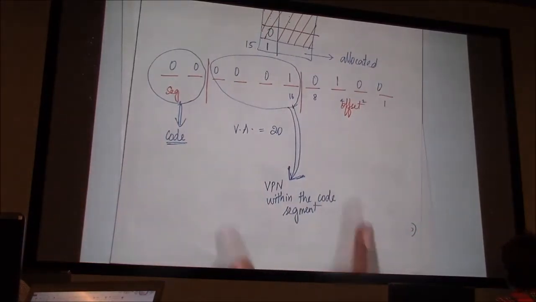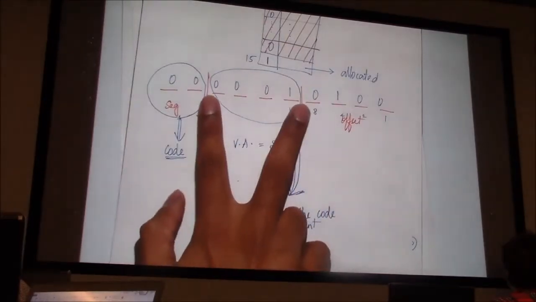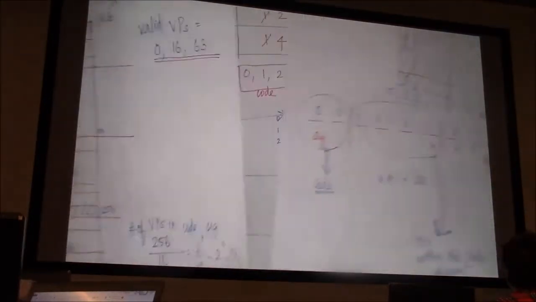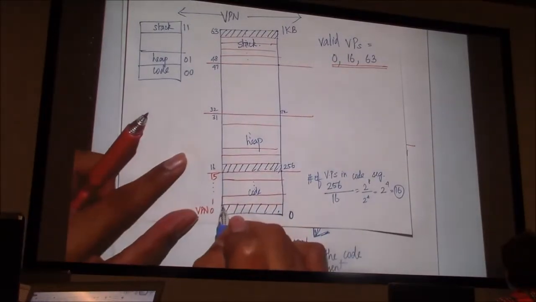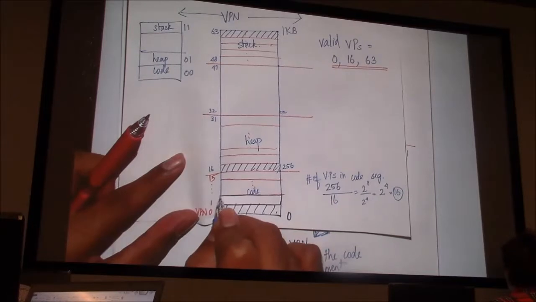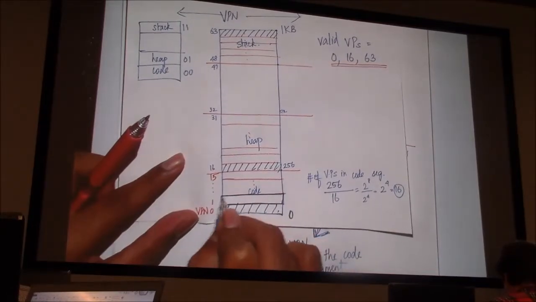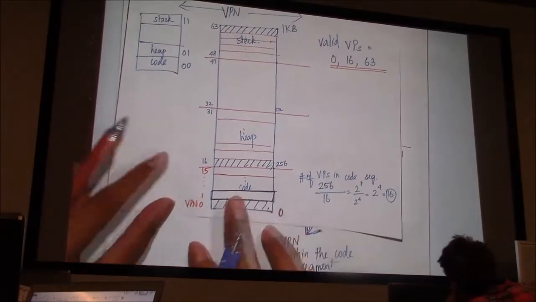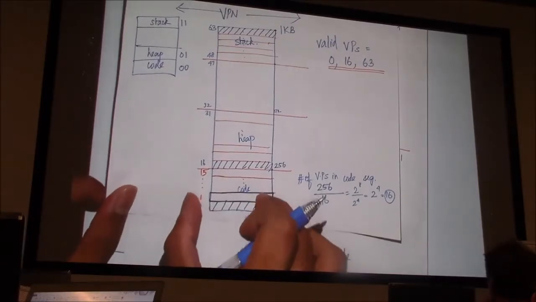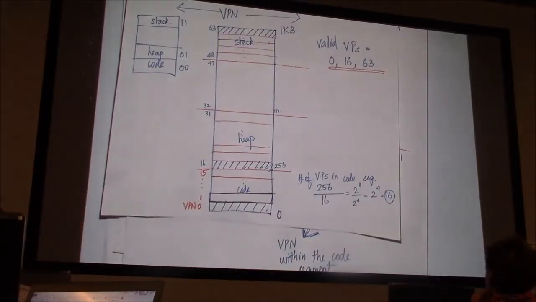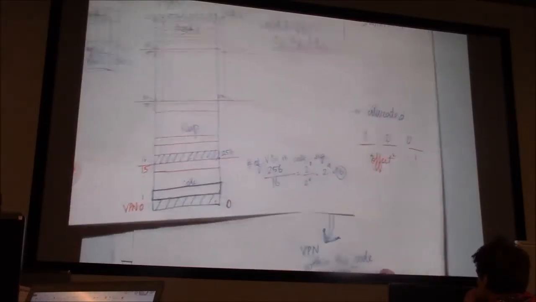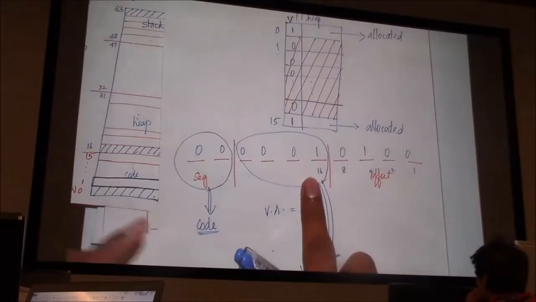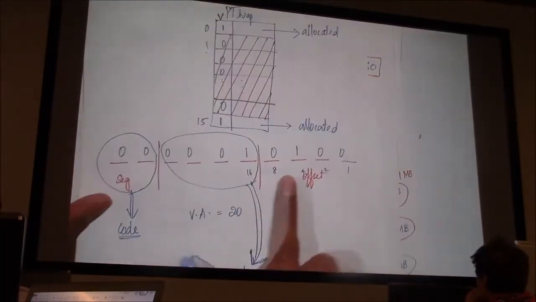So this just means, okay, from this value of 1, we can be sure that this code segment has multiple VPNs, and the address that we are talking about is in the VPN 1 because it has a value of 1, right? And within that particular virtual page, we will have multiple bytes. We have 16 bytes because the size of a virtual page is 16 bytes, and so you will go to that particular virtual page and then get this offset.